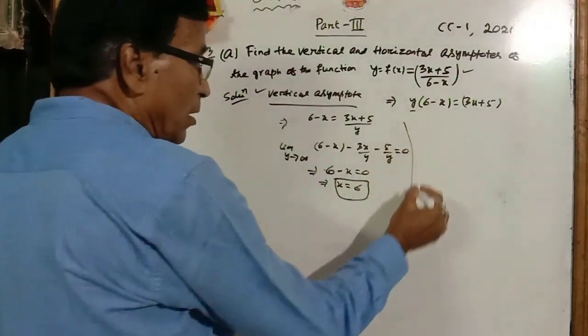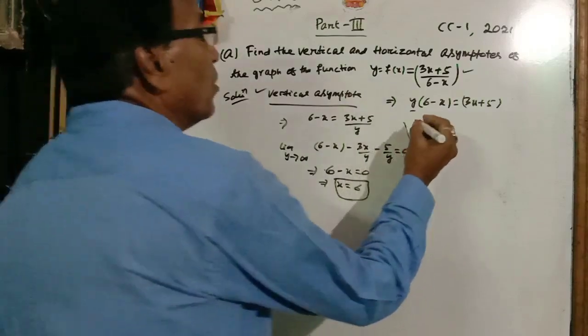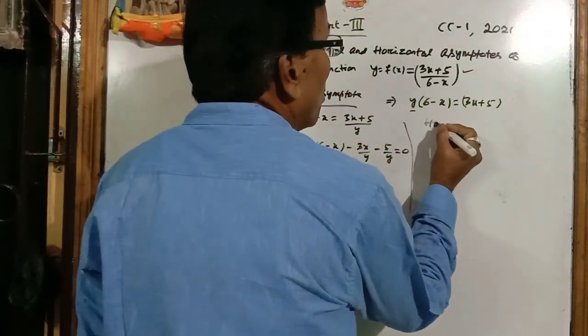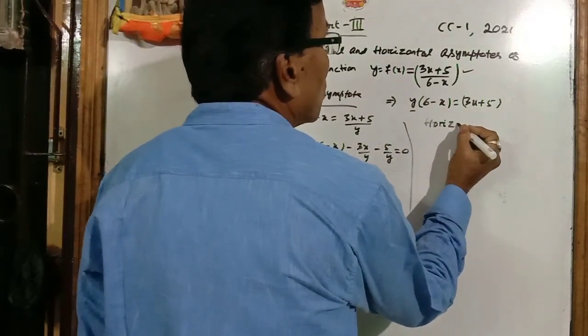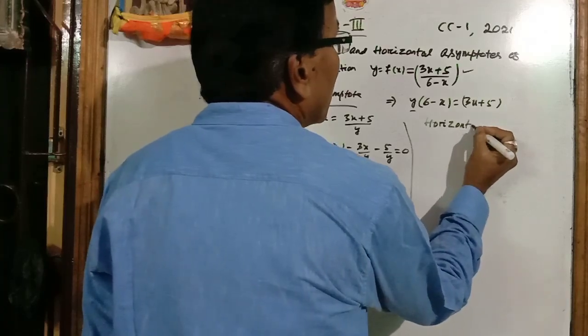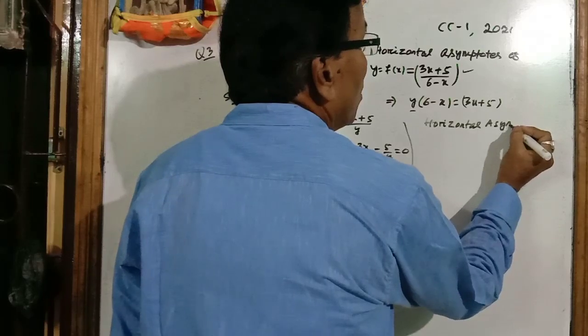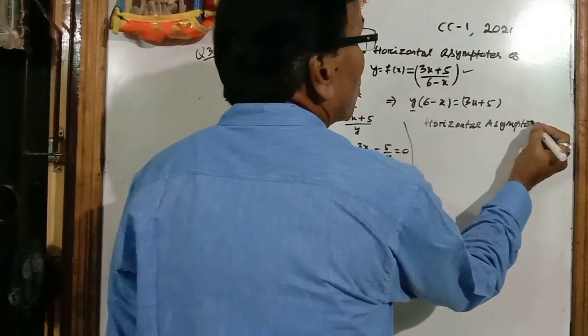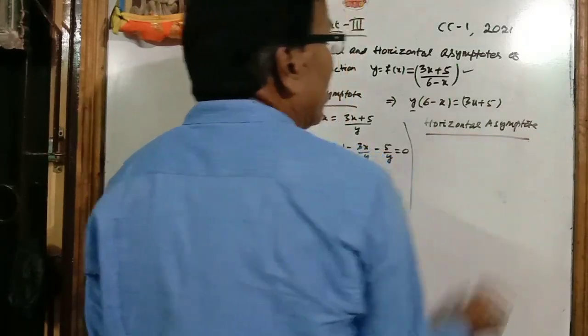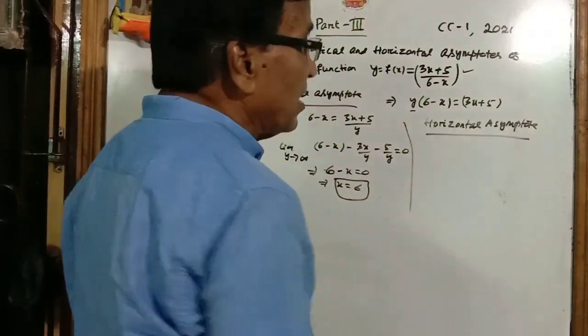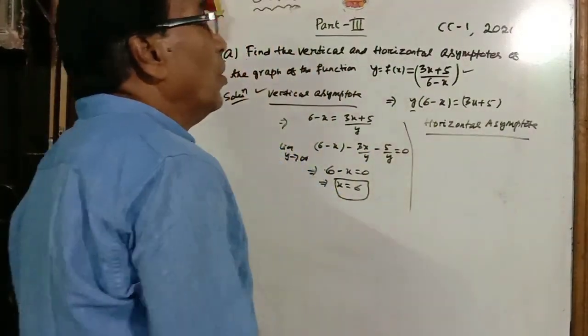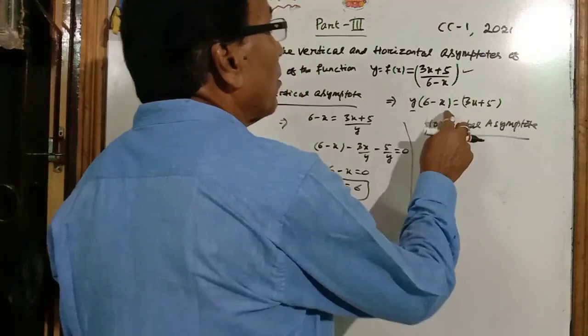Now again we will find out the horizontal asymptote. Similarly, when we find the horizontal asymptote, we have to divide with the highest power of x.